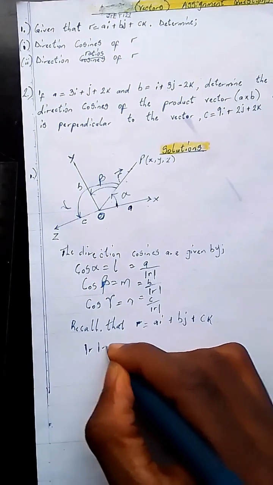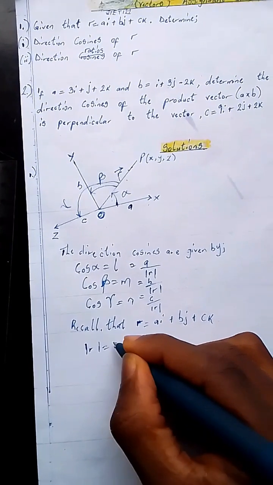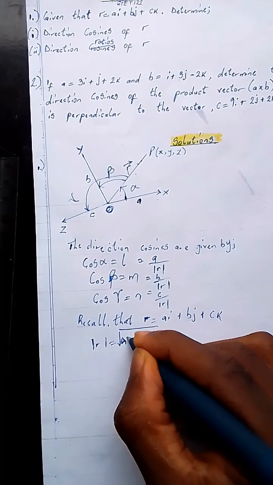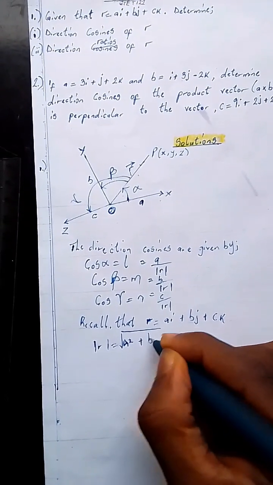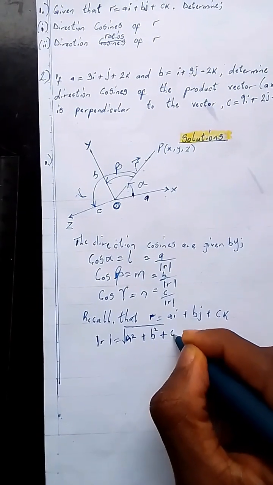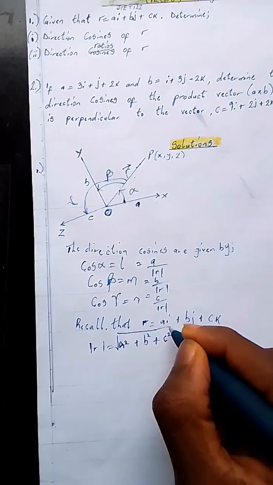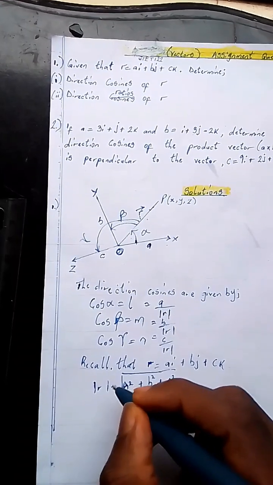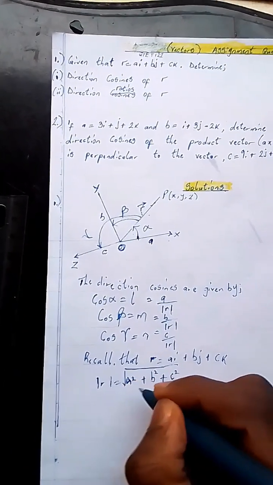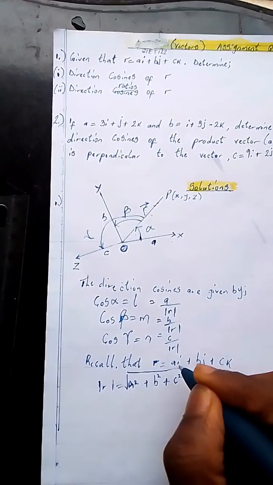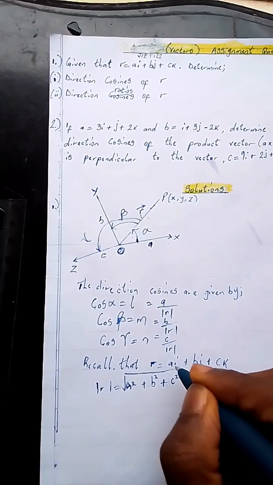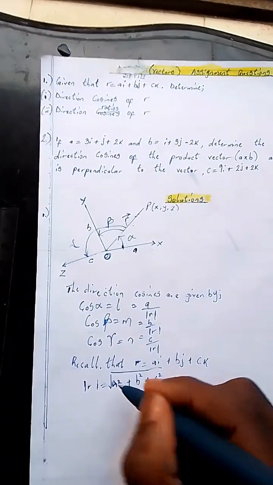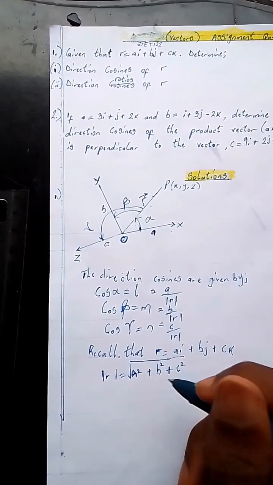The modulus of R is equal to the square root of a squared plus b squared plus c squared. This is always the formula for the modulus of any vector. The coefficients of i, j, and k, you square them and add them, like the way I'm doing here. You get it.